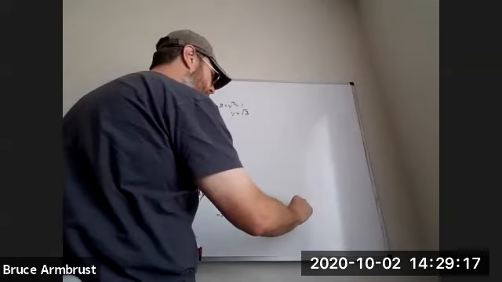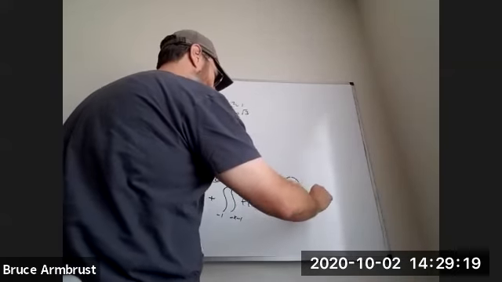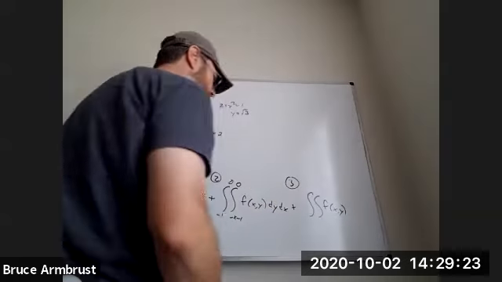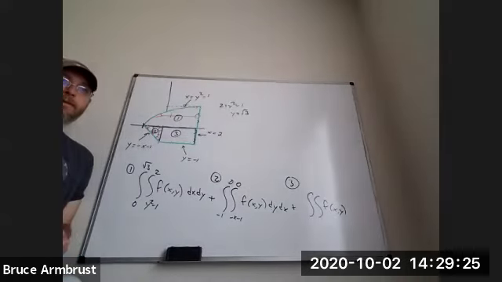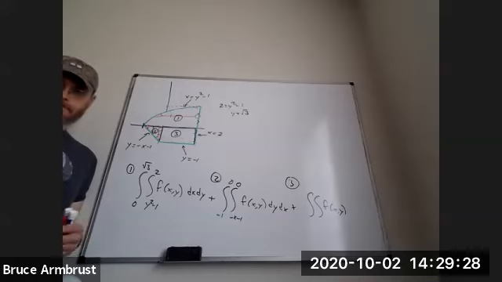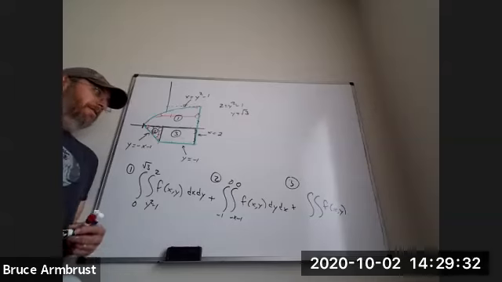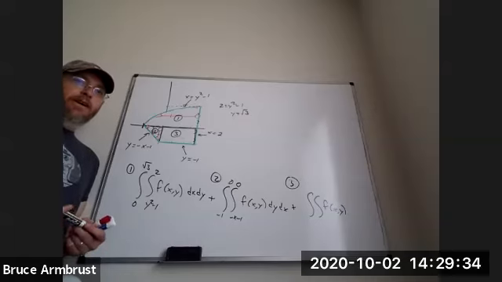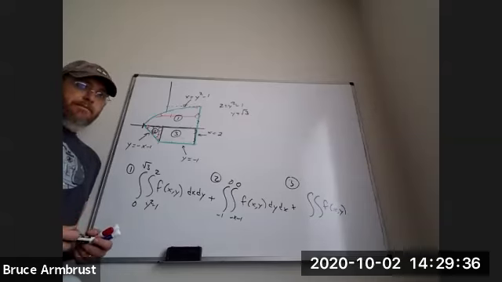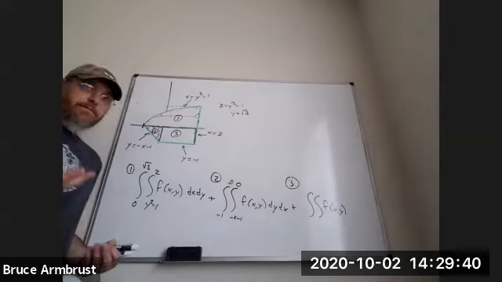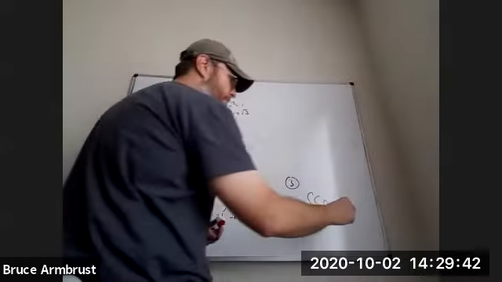Now, region number 3 is like the best region ever because it's a rectangle. And rectangles, they're really nice because all of the bounds are constants. So let's go ahead and set them up vertically, just for the sake of something. Let's do dy dx.